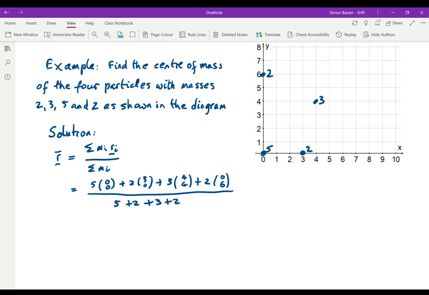The top line comes out to be 6 plus 12, which is 18. And the bottom line comes out to be 12 plus 12, which is 24, divided by 5 plus 2 is 7, plus 3 plus 2 is 12. So that is 1.5, 2.